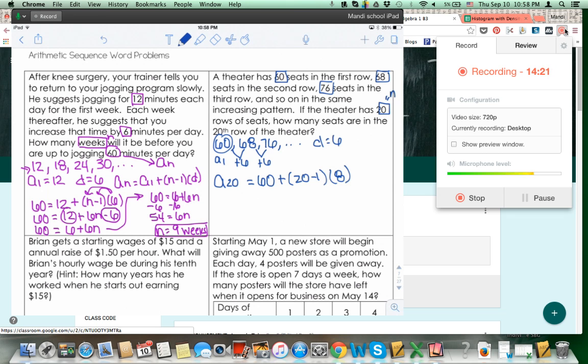In this situation, you can just drop that into your calculator and you get 212 seats in the 20th row.